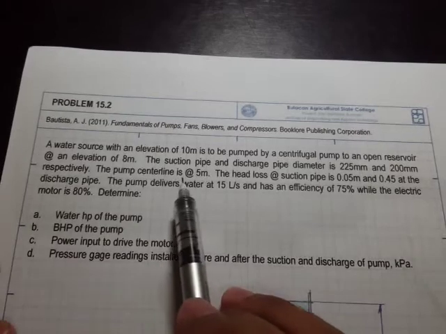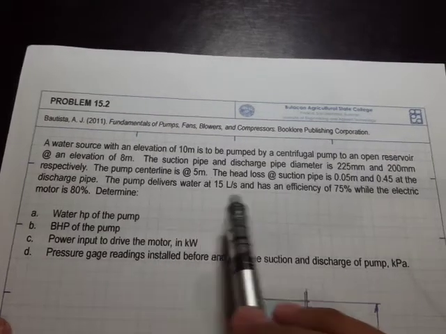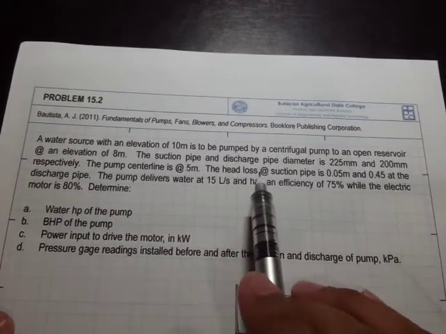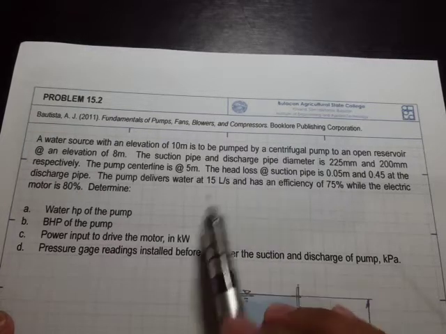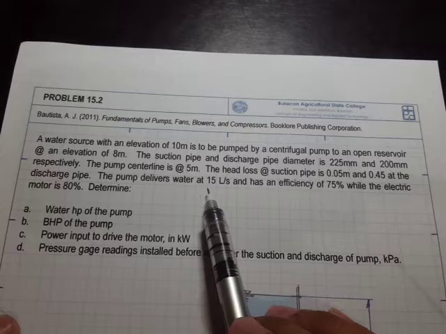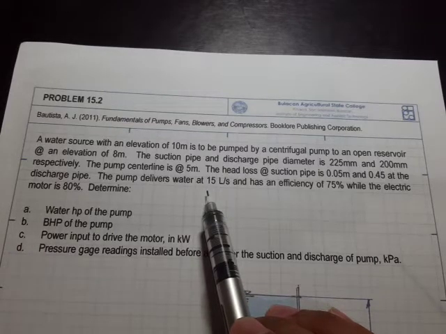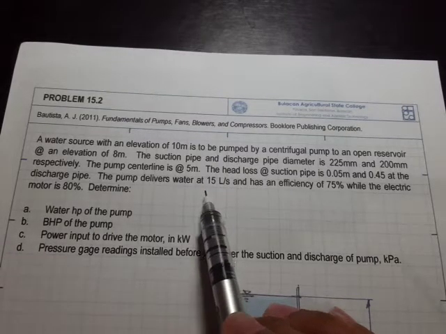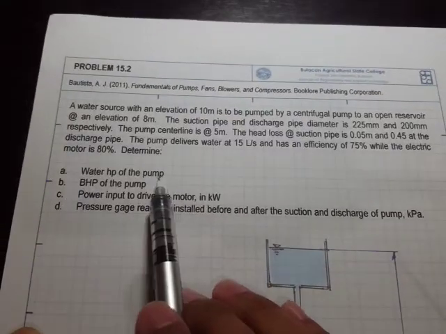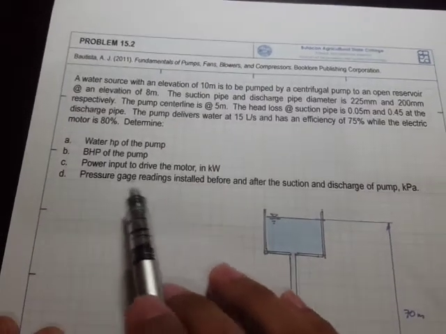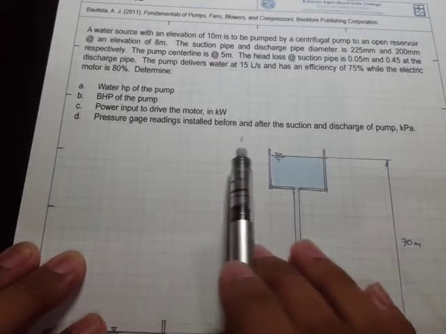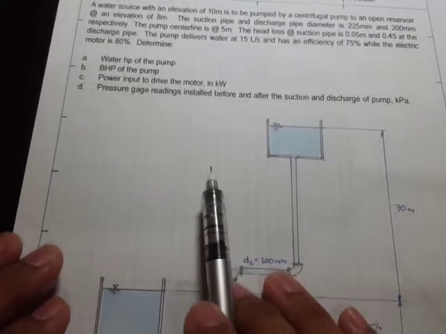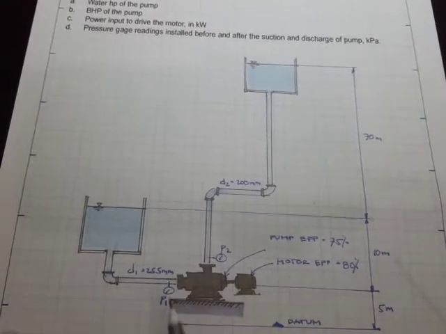The pump center line is at 5 meters, and the head loss at the suction pipe is 0.05 meters and 0.45 at the discharge pipe. The pump delivers water at 15 liters per second and has an efficiency of 75%, while the electric motor is 80%. Determine the water HP, the brake horsepower, the power input to drive the motor, and also the pressure gauge readings installed before and after the suction and discharge of the pump in kilopascals.